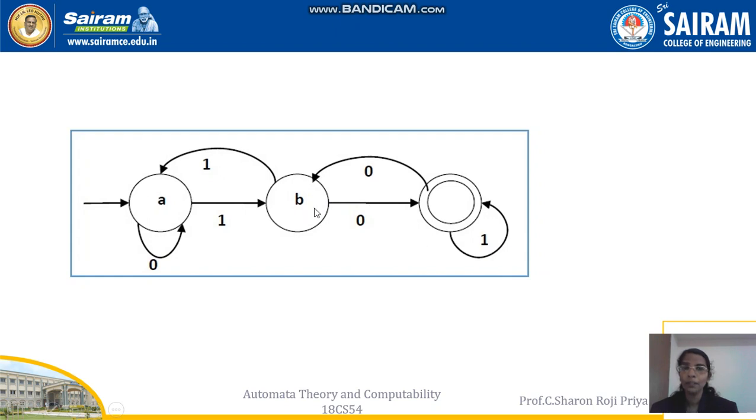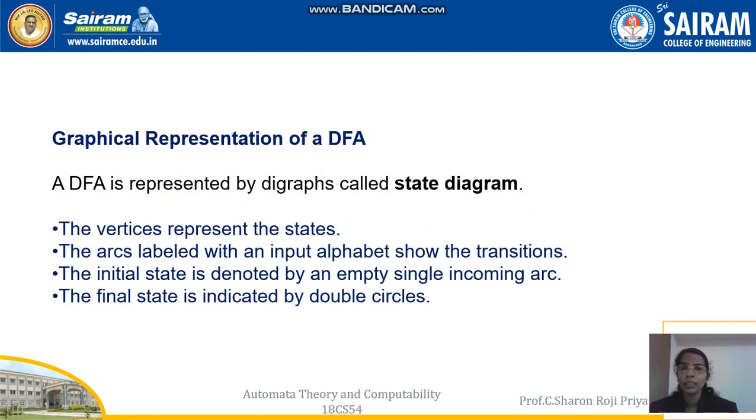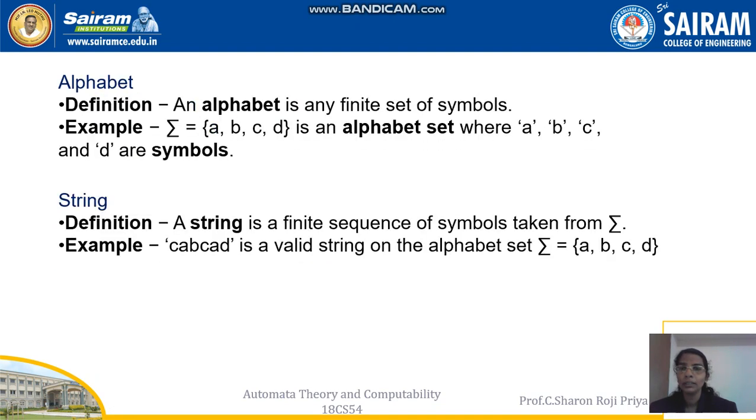State B, when it takes 0 as input, moves to the final state. What is the meaning of this? State A takes 0 as input and stays in state A only, a self loop, right? So these edges represent my transitions.